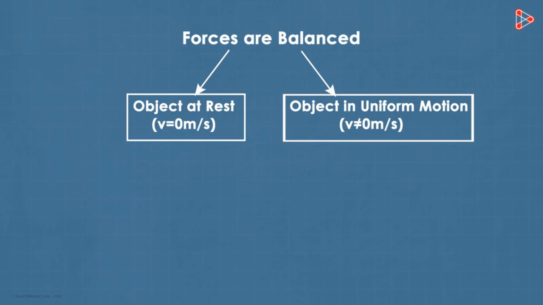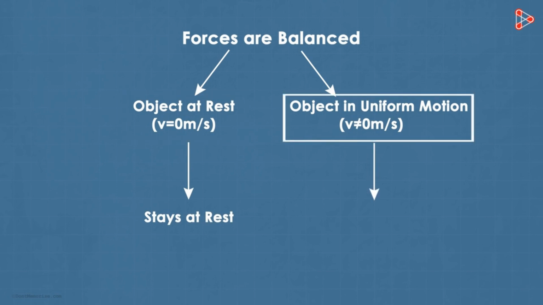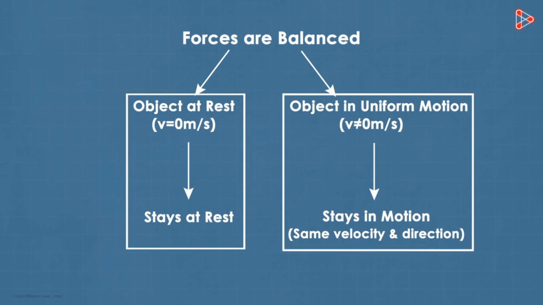These can be the only two cases when the forces are balanced. In the first case, the object will continue to remain at rest, and in the second, the object will continue to stay in motion at the same velocity and in the same direction. Don't forget, these two cases will remain true only if the forces are balanced.